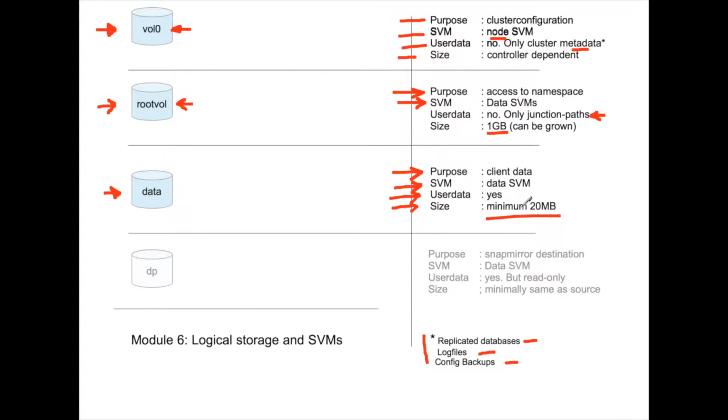Finally, we've got something which is called a data protection volume, and that data protection volume is used for SnapMirror, is part of a data SVM. It does contain user data, but it's read-only for as long as it functions as a destination, and the size is minimally the same as the source. We'll talk about data protection later.